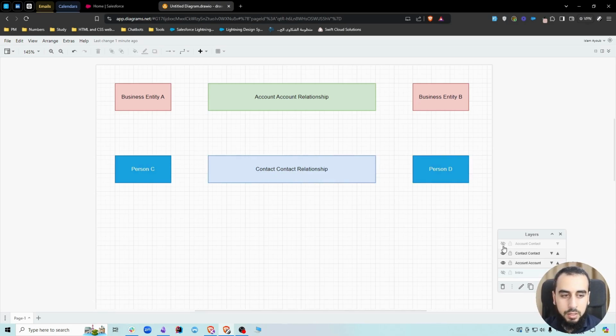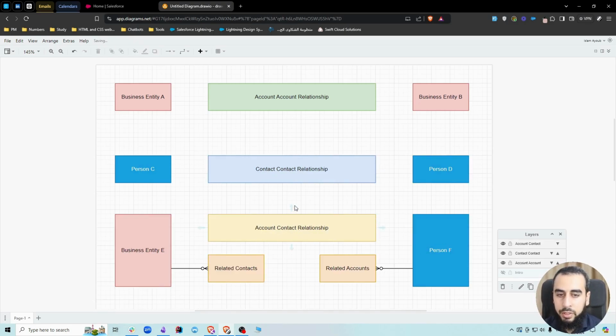The third concept is an account-contact relationship. That means there is a relationship between an individual and a business, or an individual and a household, or in other words, between a contact and an account.